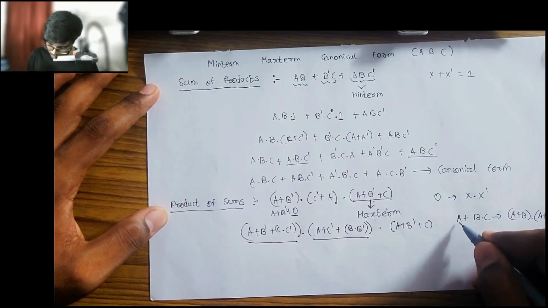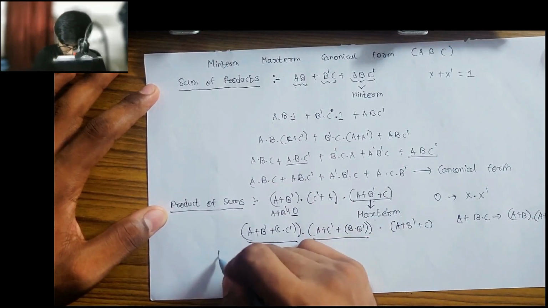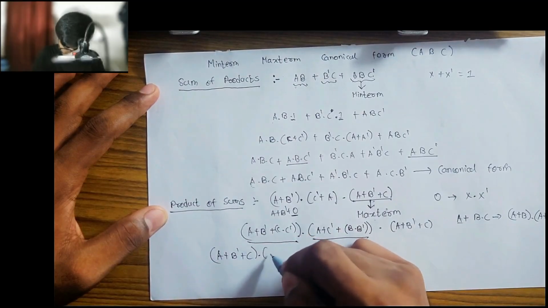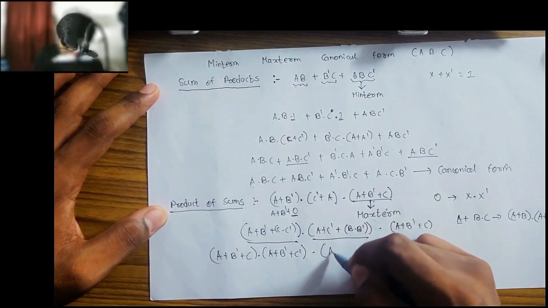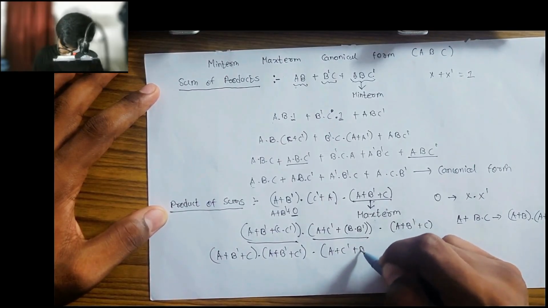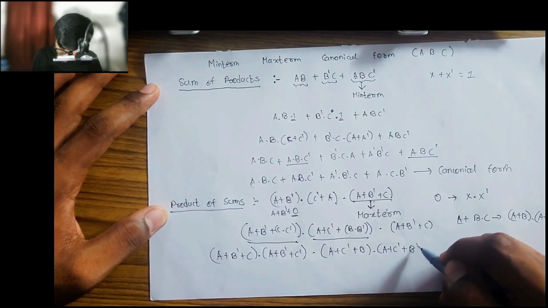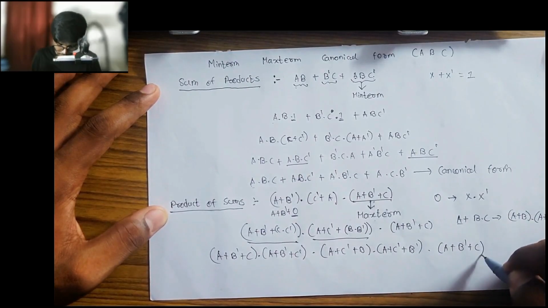But instead of A here, we have A + B̅ plus something else. So this can be written as (A + B̅ + C)·(A + B̅ + C̅), (A + C̅ + B)·(A + C̅ + B̅), (A + B̅ + C). That's it.